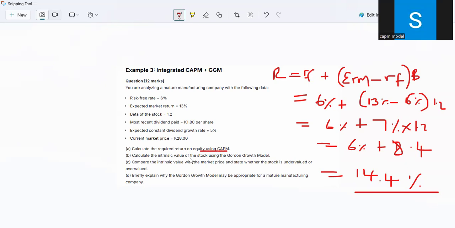Now let's calculate the value of stock using Gordon's model. What is the value of stock using Gordon's model? I taught this, we're revising.